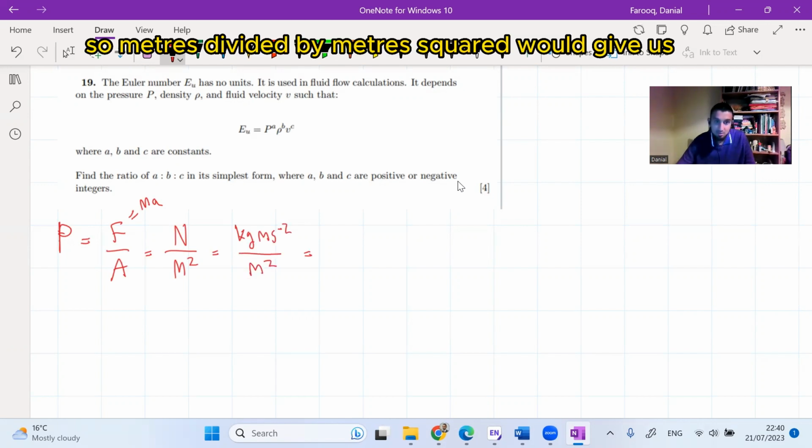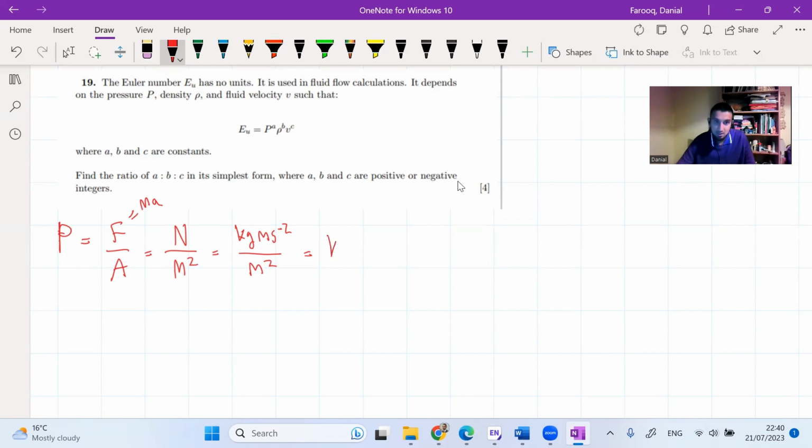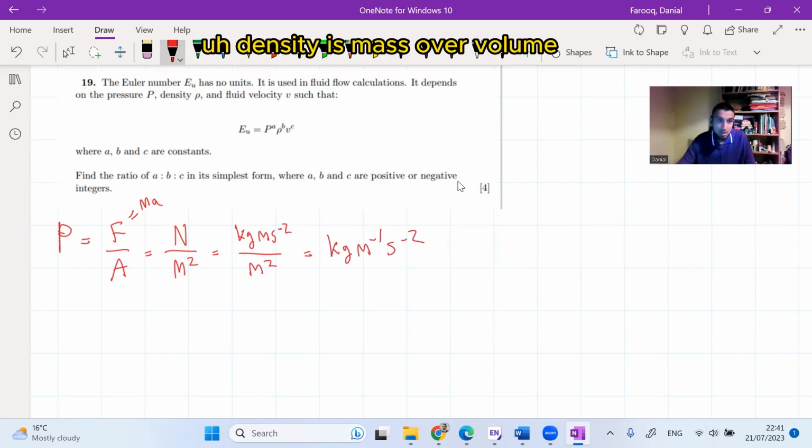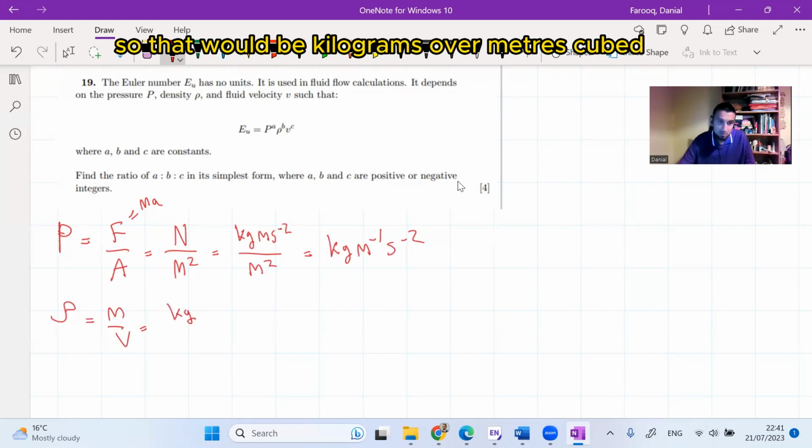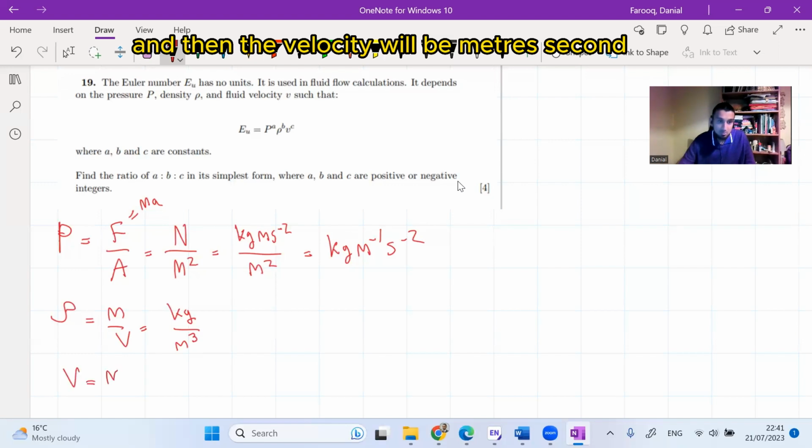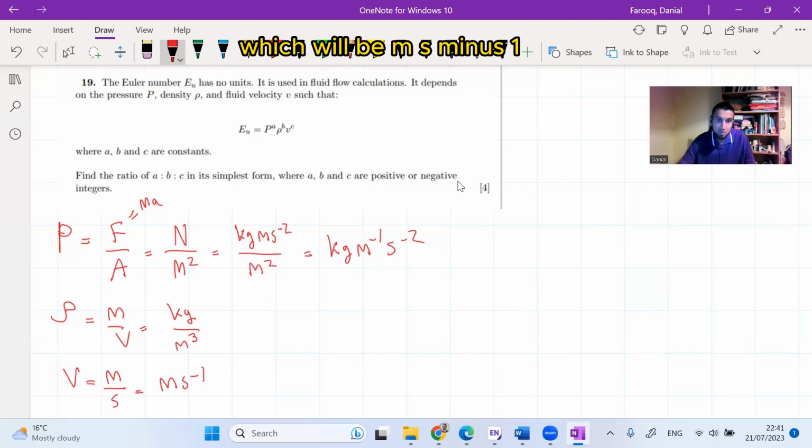So meters divided by meters squared would give us m to the -1, s to the -2. Density is mass over volume, so that would be kilograms over meters cubed. And then the velocity will be meters per second, which will be m s to the -1.